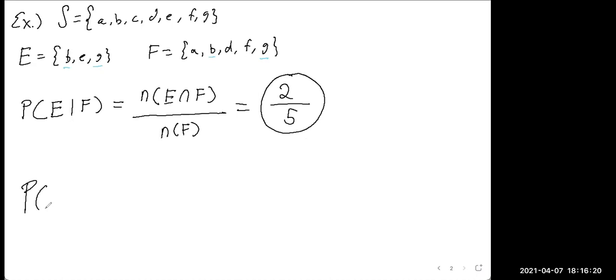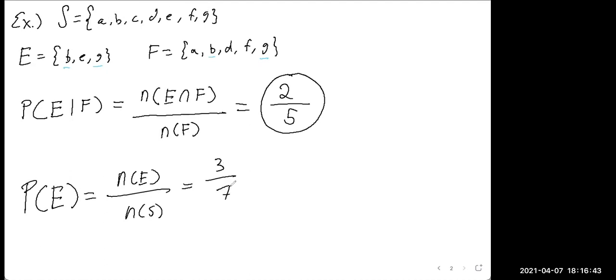And just by contrast, what is the probability of E? That's the number of things in E over the number of things in the sample space. Again, this is our definition of probability. There's 3 things inside this event E, and there are 1, 2, 3, 4, 5, 6, 7 things in the sample space. So the probability of event E is 3/7.